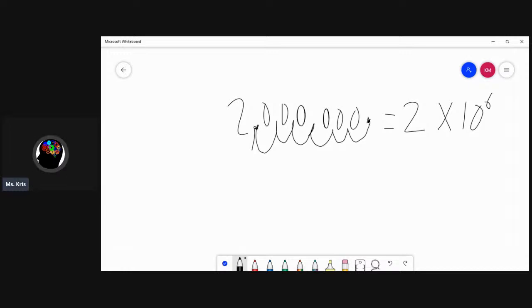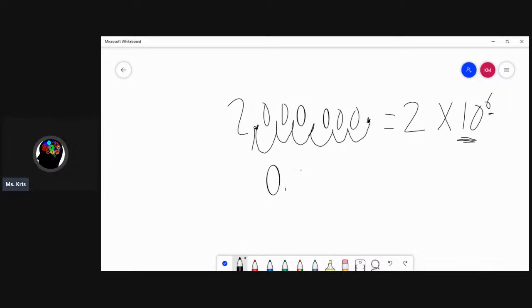Now, when you are trying to do scientific notation, know that you will always have a base of 10 to a certain power. Either your power is going to be positive or negative, but it will be base 10, or times 10 to a power.